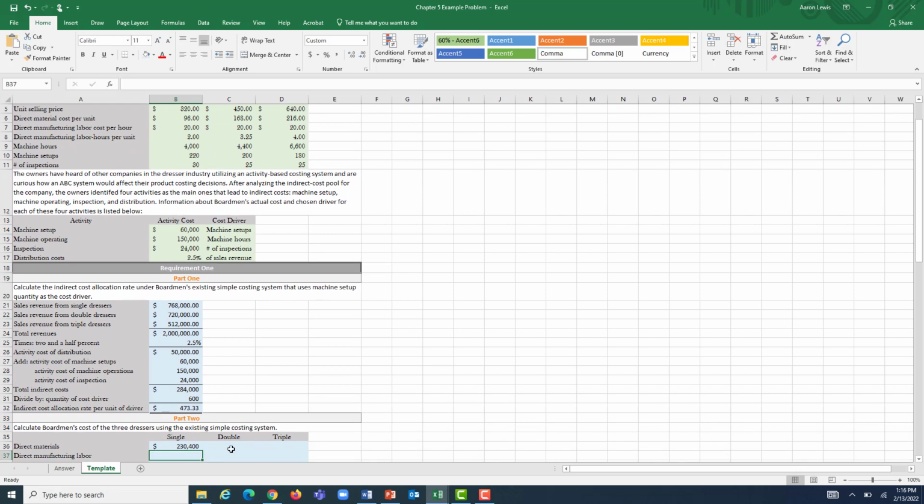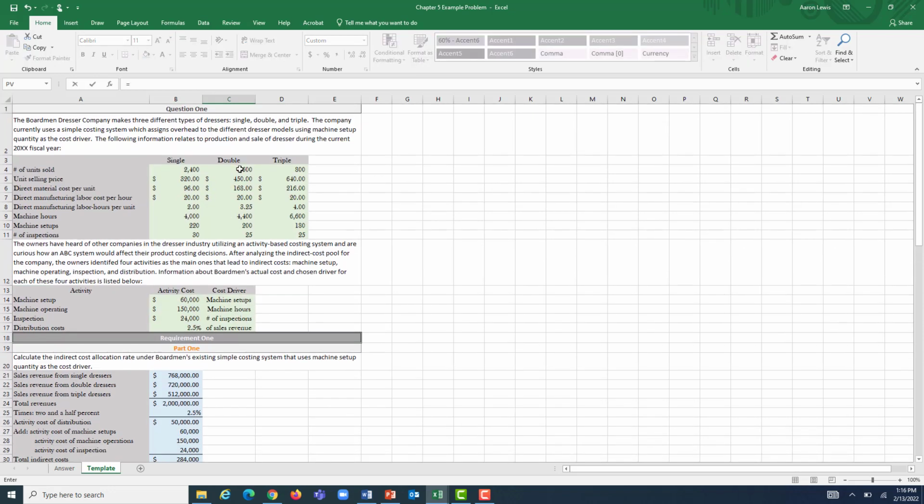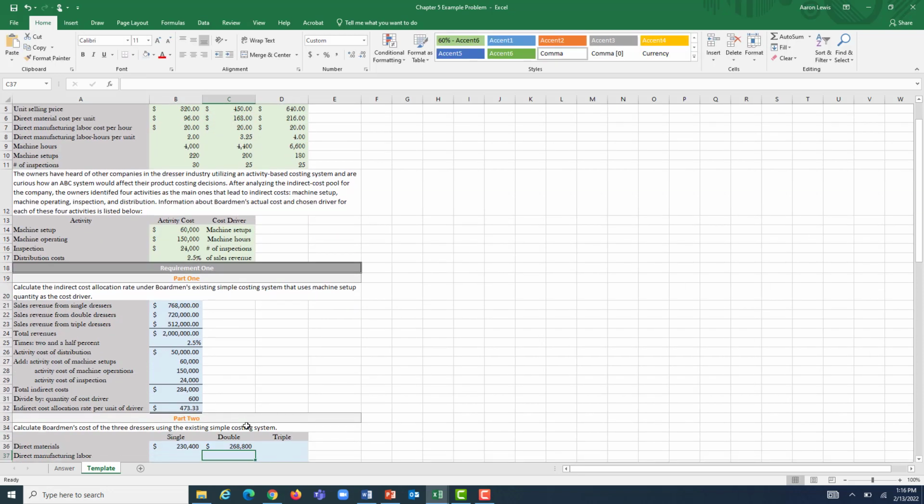I can repeat that same process for the double and the triple dresser. For the double dresser, we're expecting to sell 1,600 of those. Each one of them is expected to cost $168 in materials to produce, which means the total material cost of making those 1,600 double dressers is going to be $268,800.